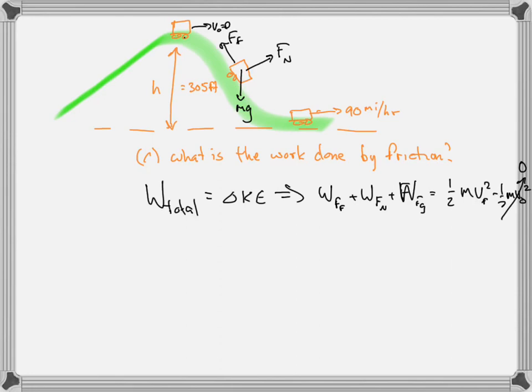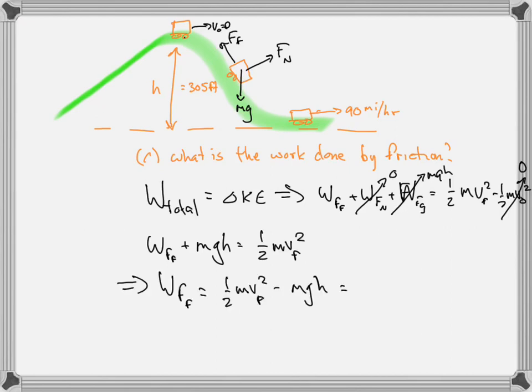So we can go ahead and say, well, we know that the normal force work is 0, and we know that the gravity work is mgh, right? Every time. So the work done by the frictional force plus mgh equals 1/2 mv final squared. And so therefore, the work done by friction is 1/2 mv squared minus mgh, and it's a plug-in.